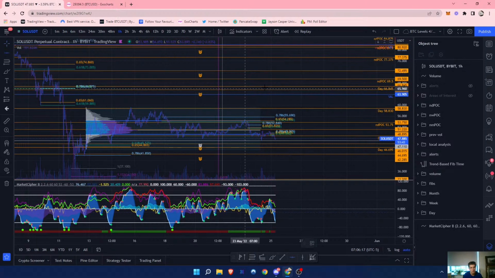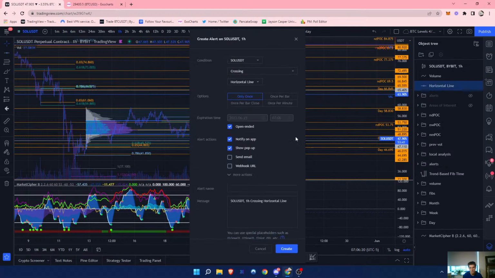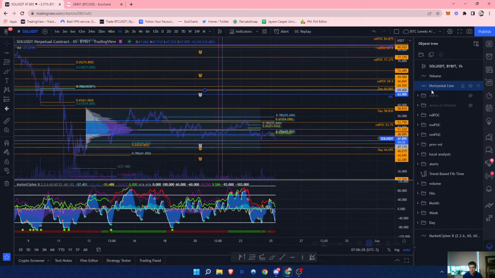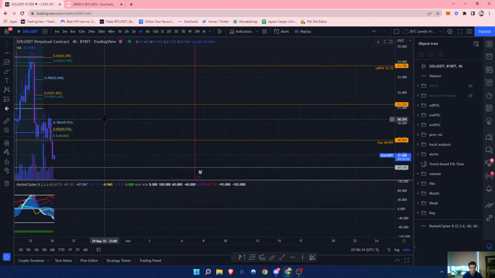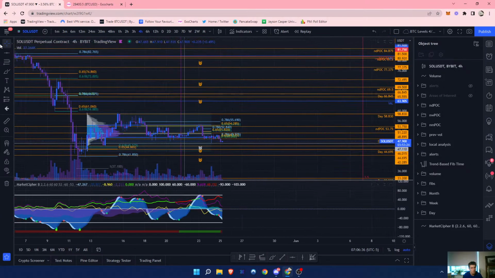Then really up here too, this will be a 4-hour swing trade. Again, I'm just looking for areas of confluence. Market Cipher B, doing that.